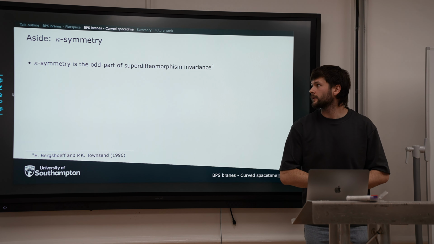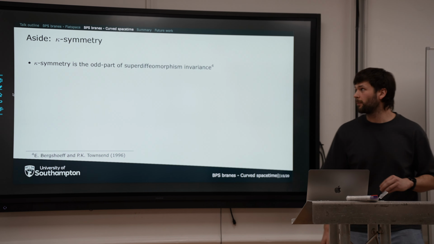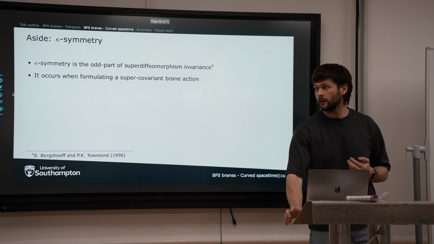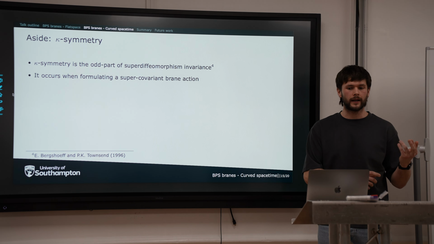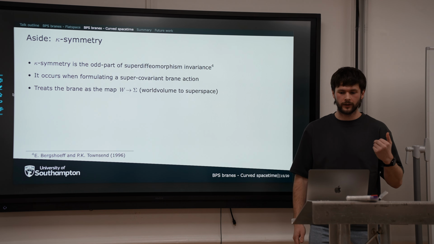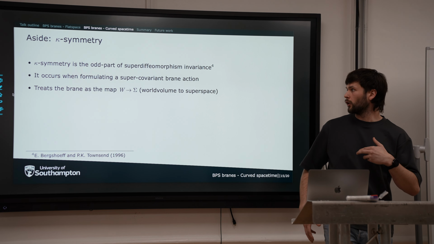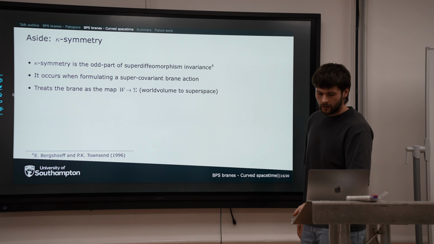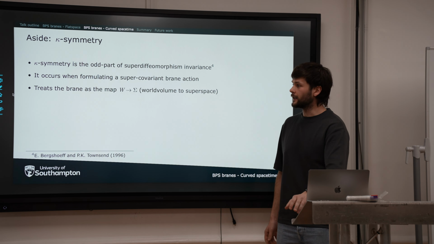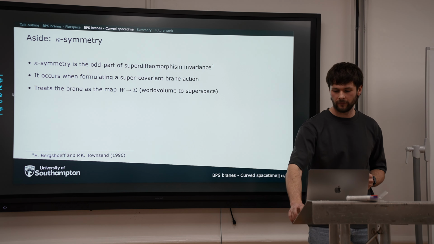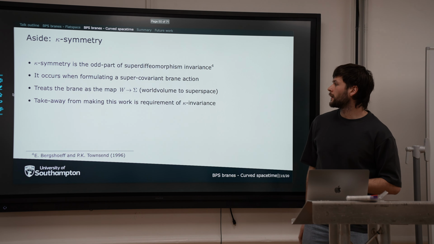So yeah, as promised, kappa symmetry is essentially the odd part of superdiffeomorphism invariance. So if you're trying to find a supercovariant brane action, then what one does is promote the brane action to a map between superspaces. And then in doing so, you can formulate an action which is manifestly superdiffeomorphism invariant.